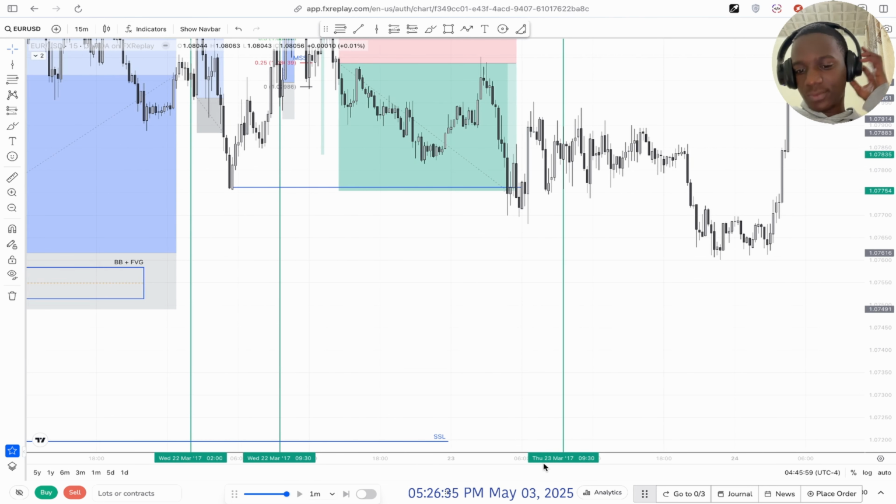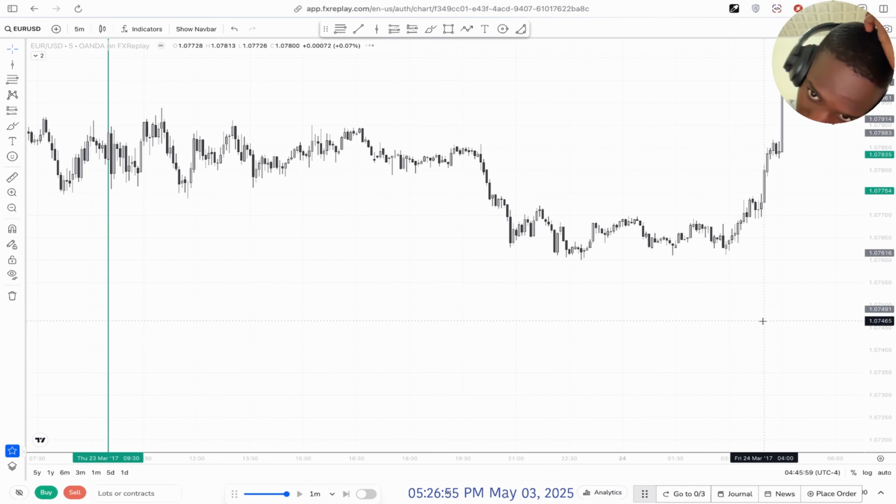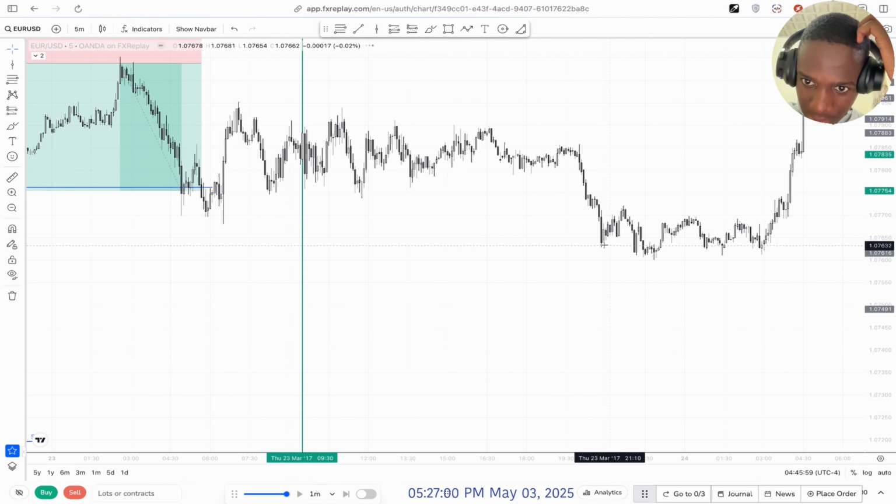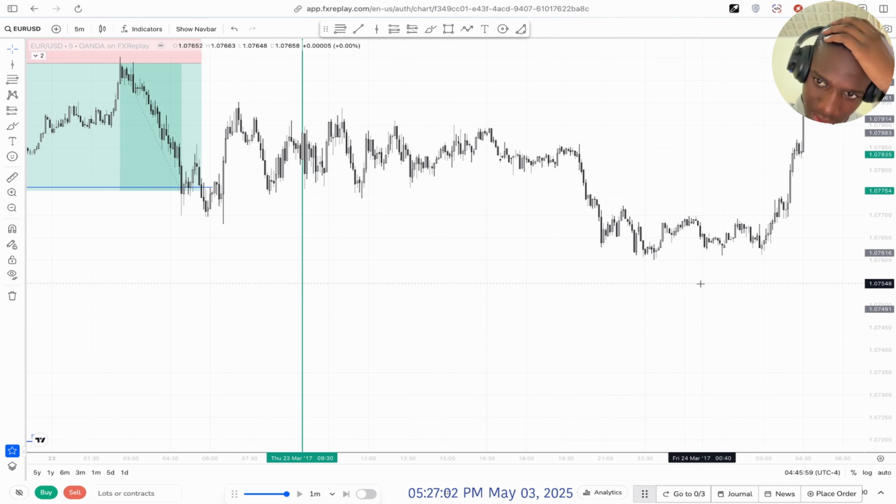Okay, so now let's go to the lower time frame and see what's happening right here. It's currently Friday. This is the London open move. So at 2 right here, you can see that we've got a London open move in here, and we have another liquidity points of some these relative equal lows.